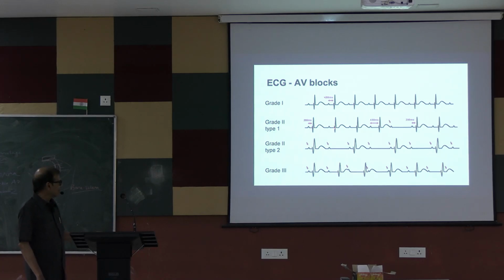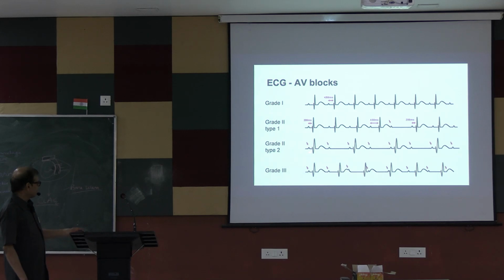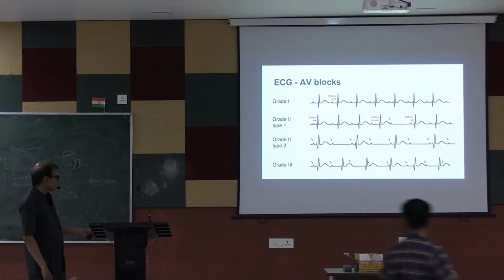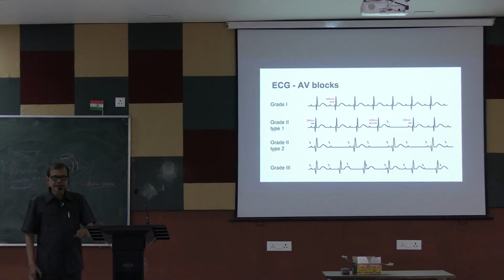PR prolonged, drop. This is type 1. Type 2: this is the fixed PR, then PR drop. PR fixed, PR drop. This is type 2. Grade 3, P absent. Here the rate is slow, number 1, regular, number 2, and presence of AV dissociation.